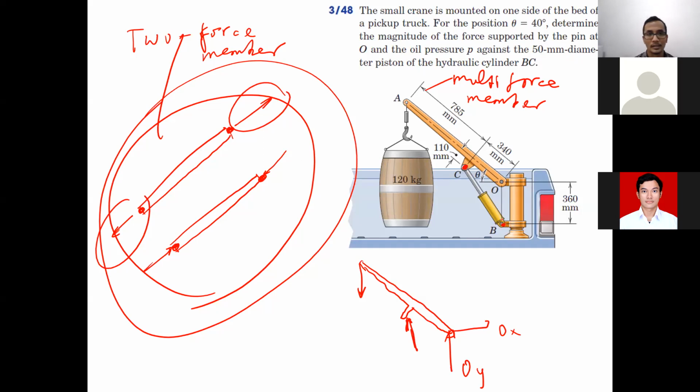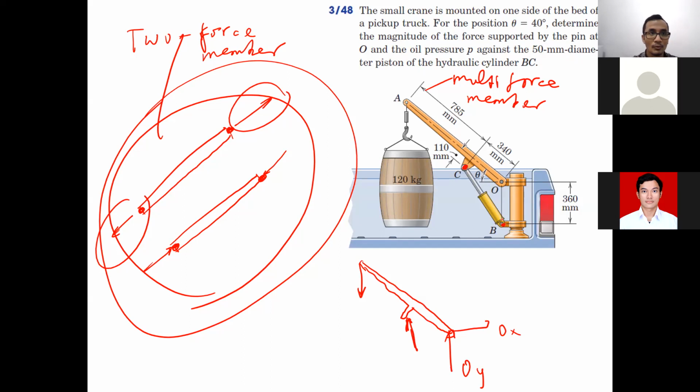Anyone here want to ask a question about this? Sir, could you repeat what you meant by multi-force member?